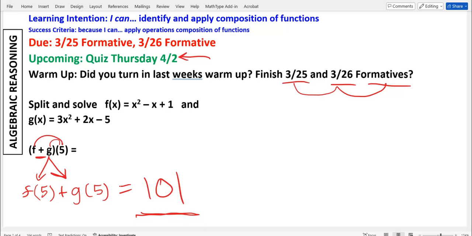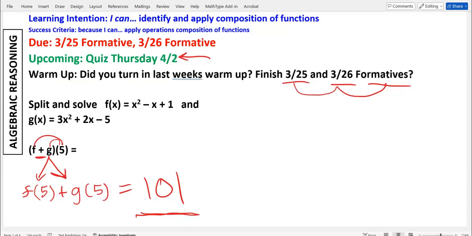Ready for some notes? I'm gonna show you the easy way to do this. Okay, first I'll show you the classic way, and I'll show you the easy way.